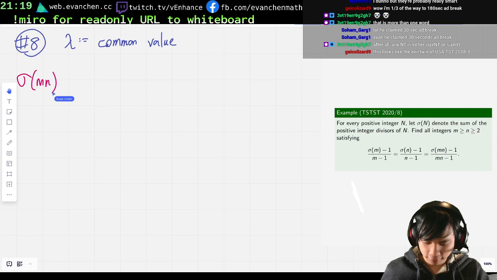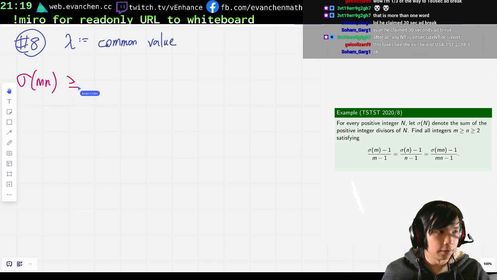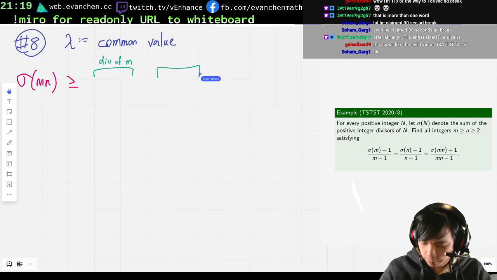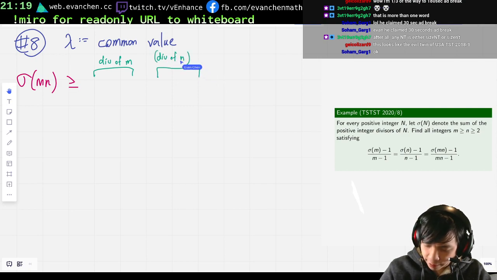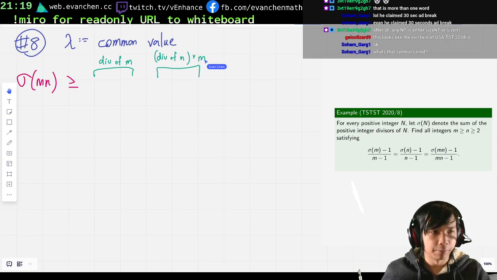Okay, the reason is that when I look inside the divisors of mn, there's two kinds of numbers I'm going to see, at least. So there's divisors of m, and then there's also divisors of n times m. Like every divisor of n times m will also divide mn.